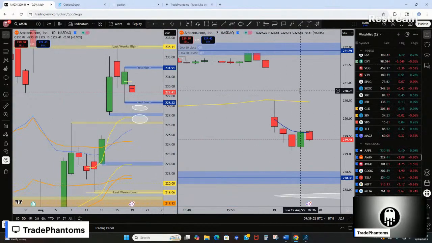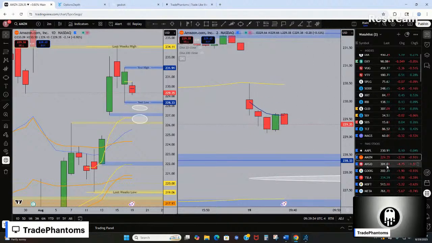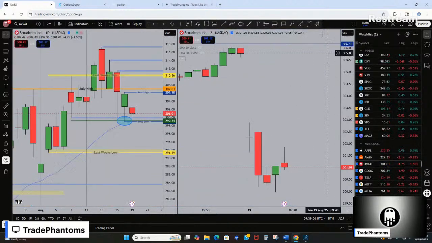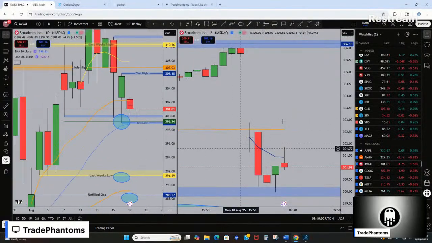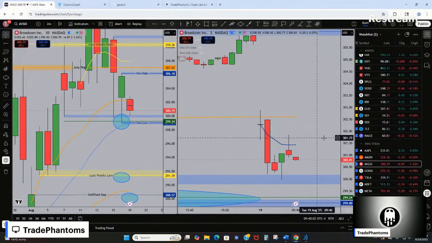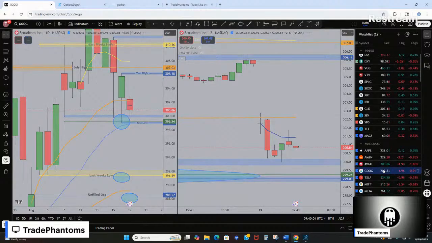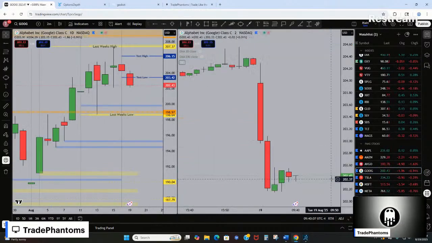Amazon. FANG's a little heavy. The Mag 7.